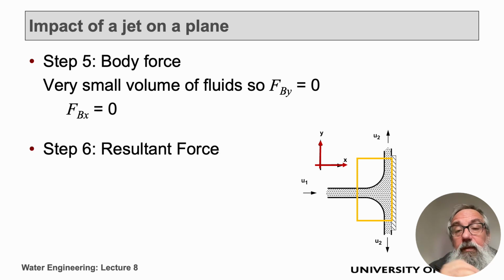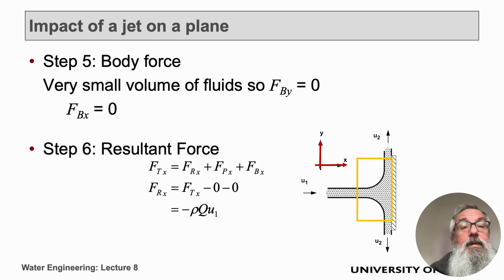Fbx will always be 0 if it's at right angles to the gravitational direction. So the resultant force is, the total force Ft equal to the resultant force plus the pressure force plus the body force.